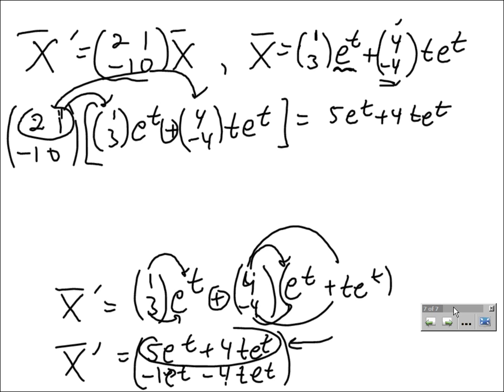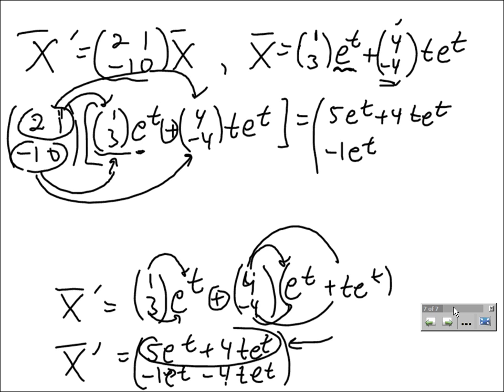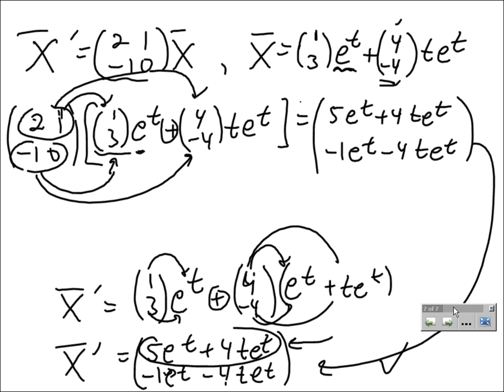Now when you multiply that row by [1, 3], you get negative 1 e to the t. You multiply it by that, you get negative 4 times t e to the t, which is exactly what we were supposed to get. It is x bar prime.